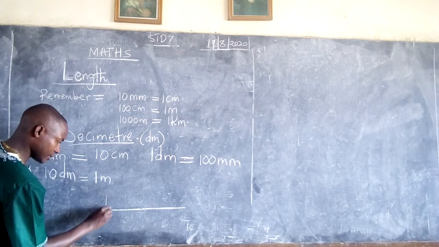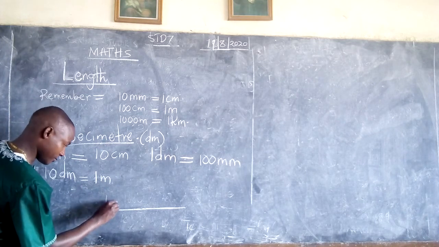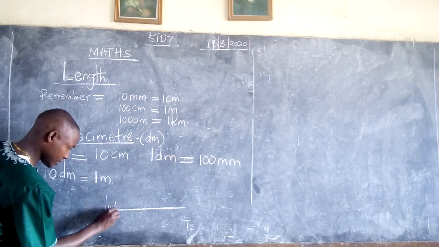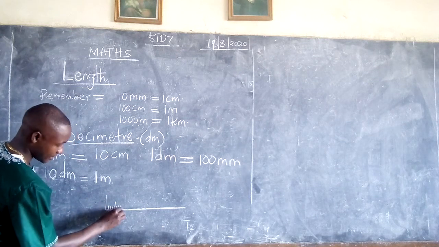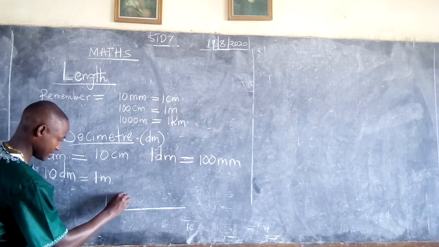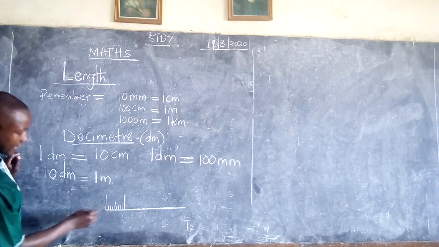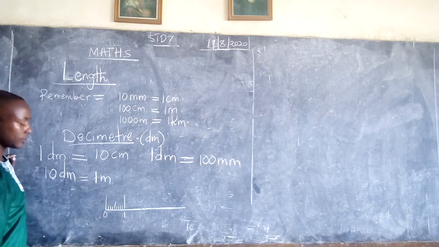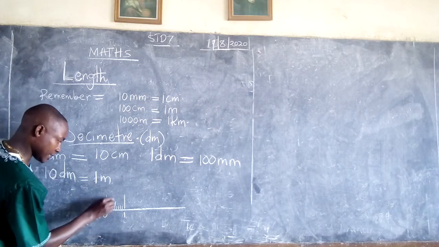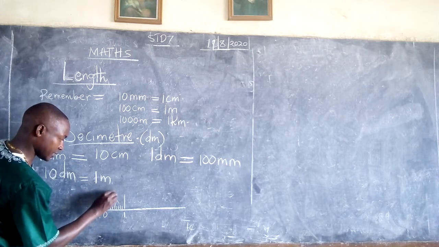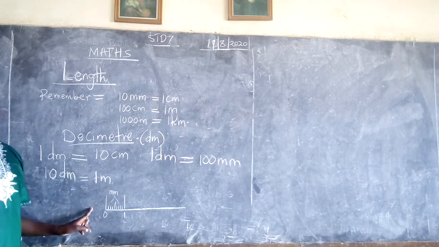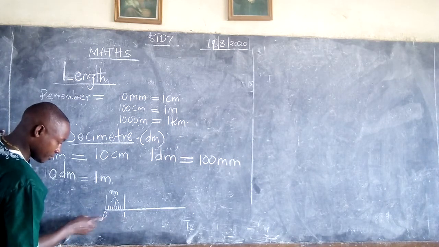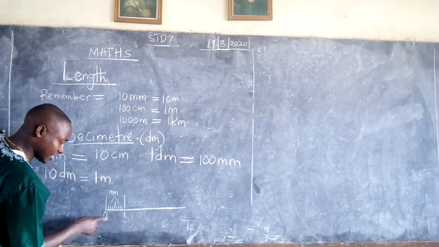We have 1, 2, 3, 4, 5, 6, 7, 8, 9, 10. These are millimeters. The small units are millimeters. Then from 0 to 1, in between that is a measurement of 1 centimeter.